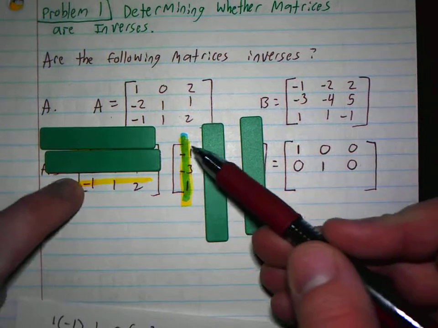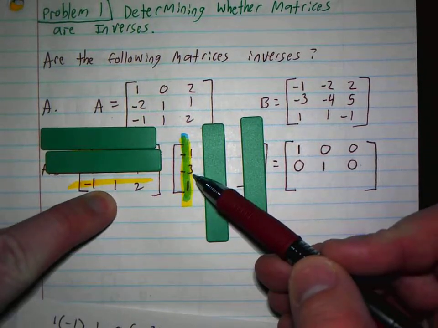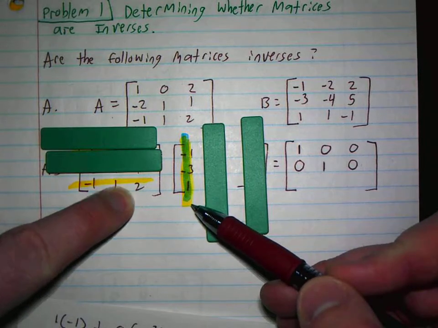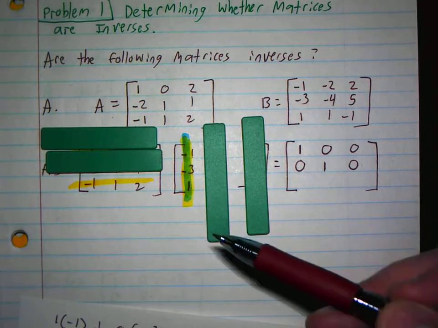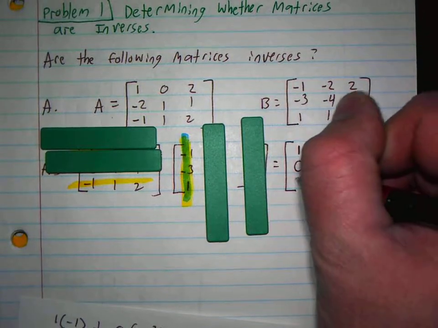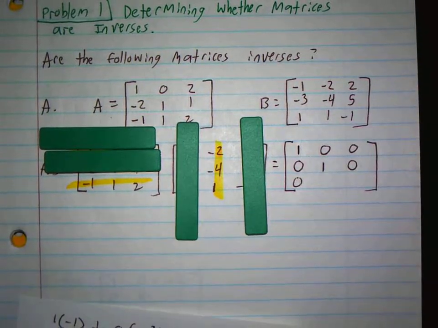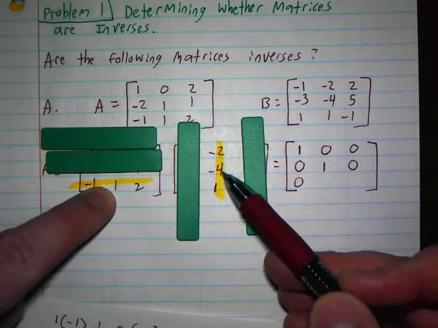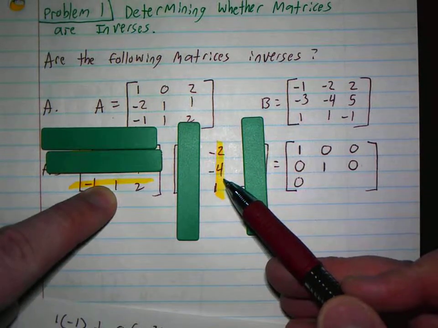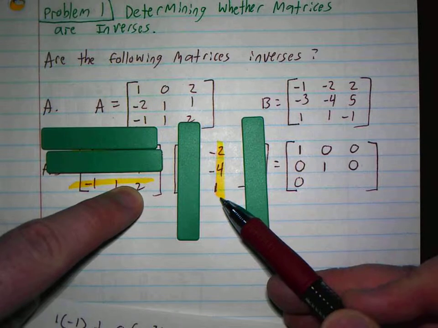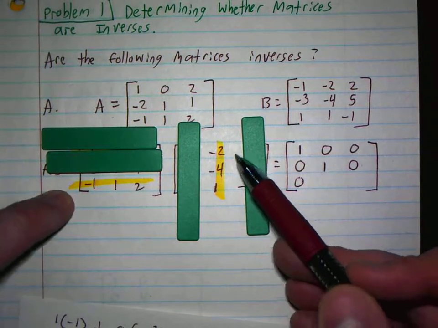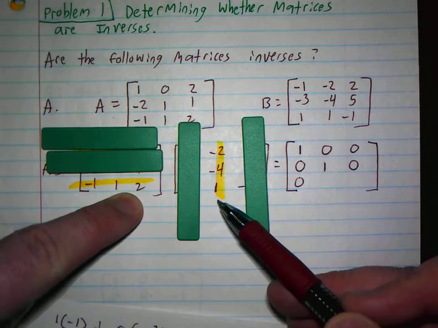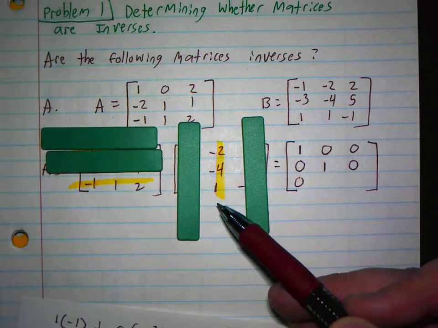So I have 1 plus negative 3 plus 2. 1 plus negative 3 plus 2 is 0. And then times the middle column. That'd be negative 1 times negative 2 is 2. 1 times negative 4 is negative 4. 2 times 1 is 2. So 2 plus negative 4 plus 2 is 0.